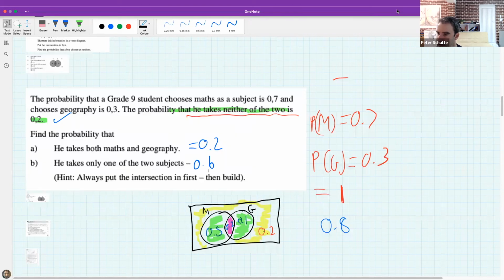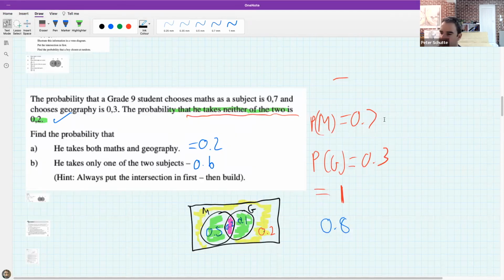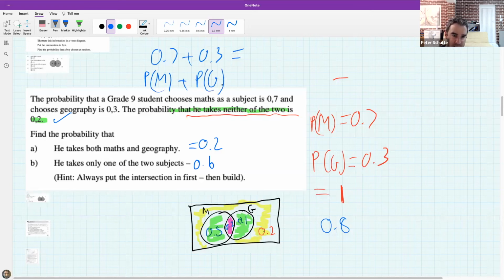Okay. So I see a couple of thumbs down. I'd love for those students to point out where I lost you. I suspect it's probably around the 0.8 and where the magic 0.2 appears in the middle. What I basically did was I went 0.7 plus 0.3 for the probability of maths and the probability of geography.